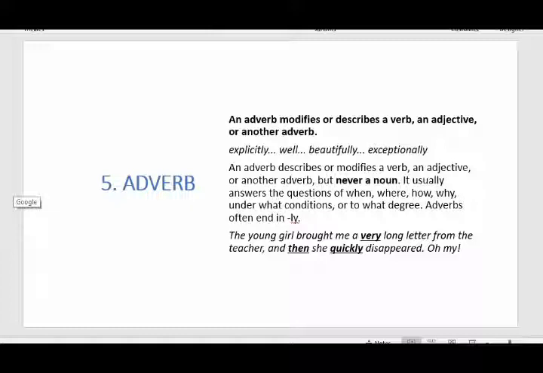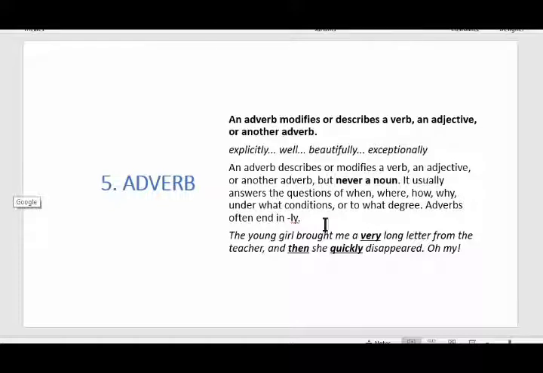Especially, adverbs are given as answers to the questions that start with when, where, how, why, and so on. Apart from that, whenever you want to express to what degree or to what extent something has happened, those answers would be in the form of adverbs.